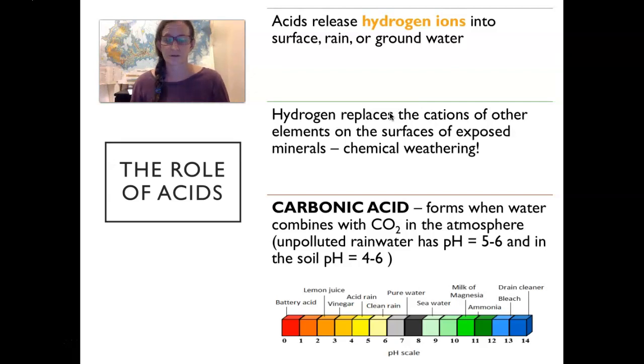So unpolluted rainwater has a pH of about 5 or 6. In soil, the pH is a little bit lower, meaning more acidic, down at 4 even. So the natural environment is naturally a little acidic. 7 is a neutral solution.